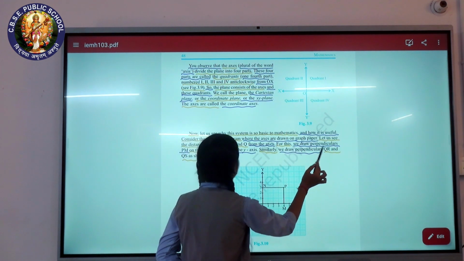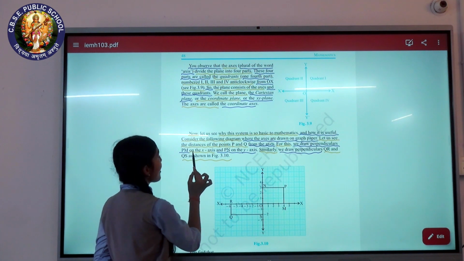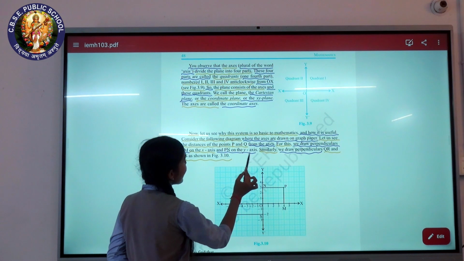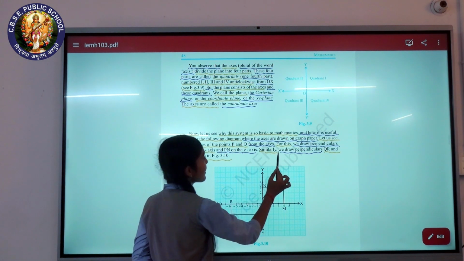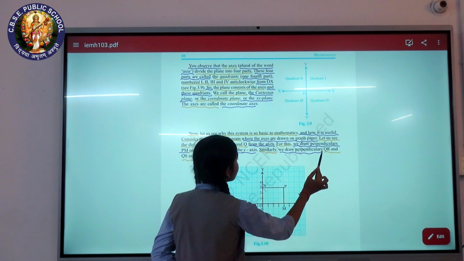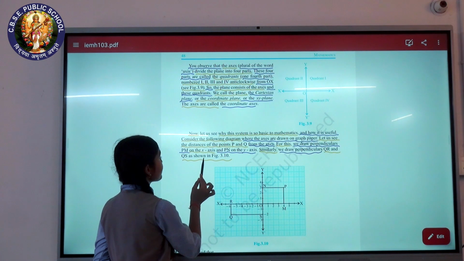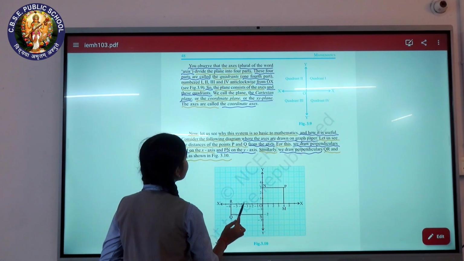For this, we draw perpendiculars PM on the x-axis and PN on the y-axis. Similarly, we draw perpendiculars QR and QS, as in figure 3.10.